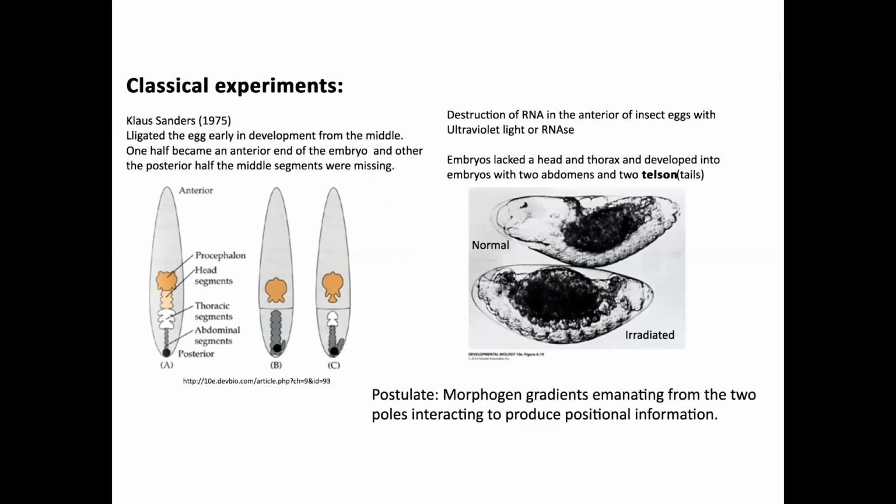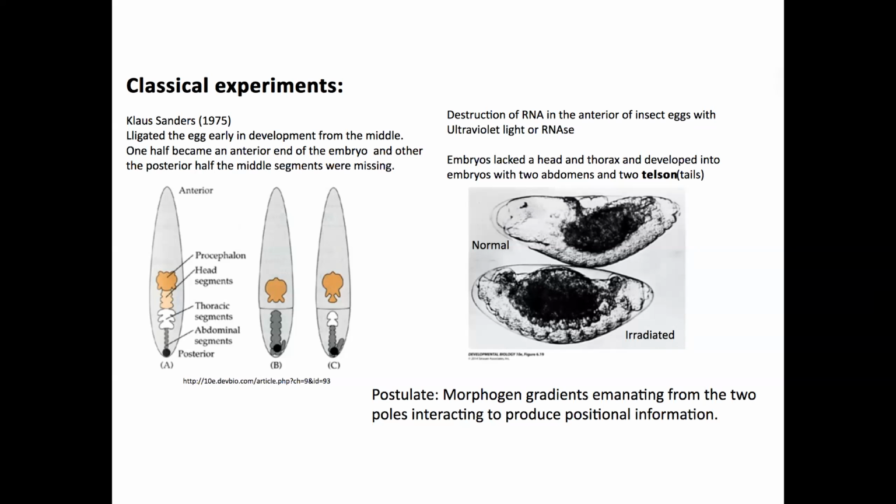Okay, now that I talk about gradients, how did this idea even get instilled that there are gradients that could be important for development? Klaus Sander did experiments in leafhopper, an insect.